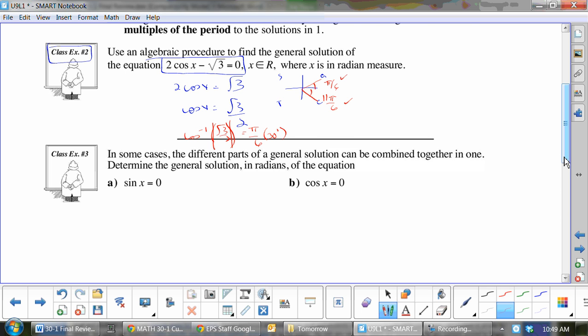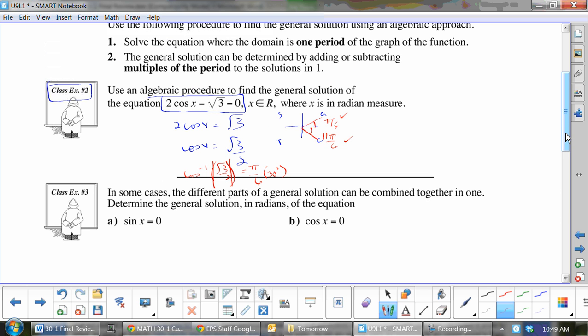Now, we are still not done this one because it asks for the general solution. So the first thing you need to do is you need to find what is the solution over 0 to 2 pi. You must do that first. So this is called step 1.